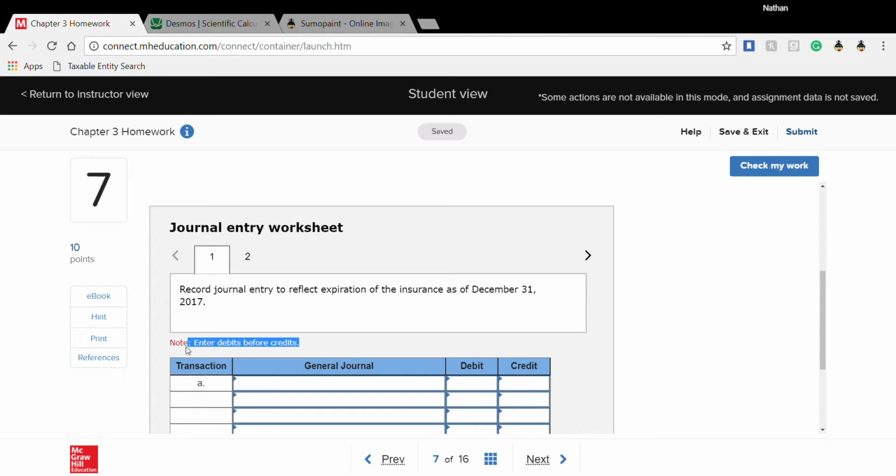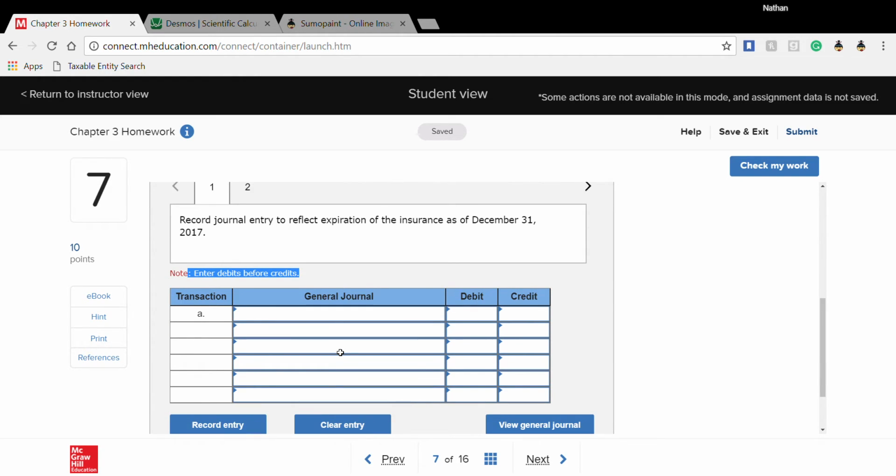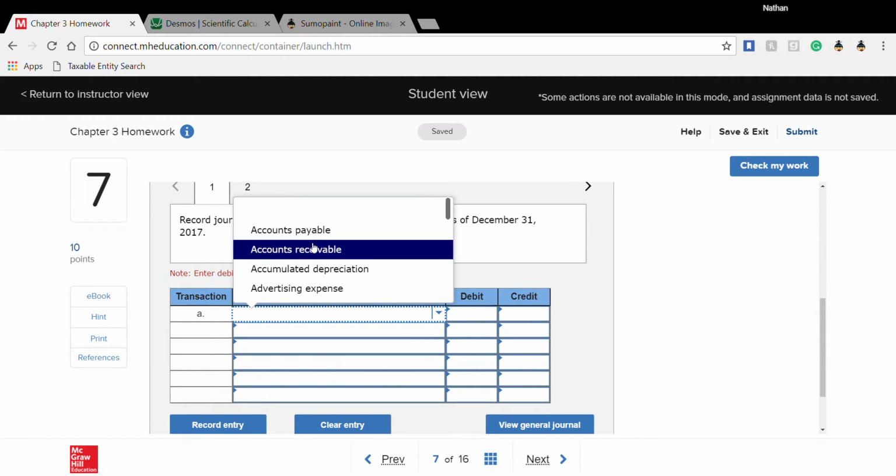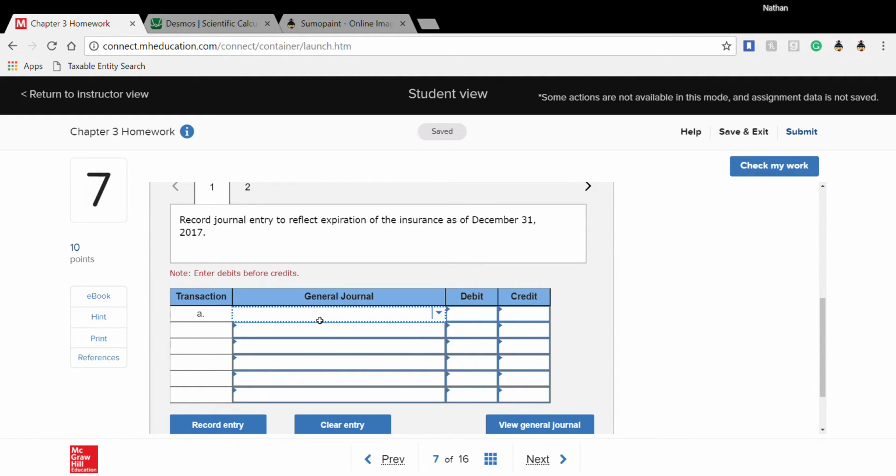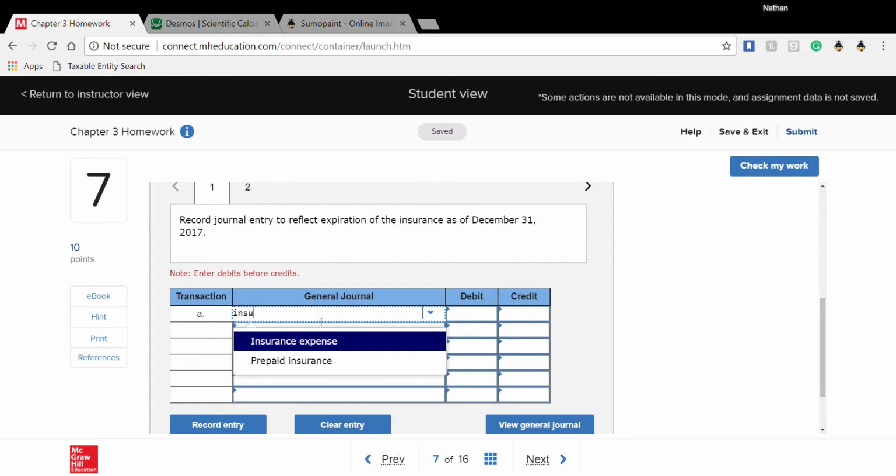always watch out. Again, enter your debits before your credits. We already know prepaid insurance is normally debited, but we're doing the adjusting entry. We're now recording what we used as an expense. So we need to go to our insurance. And again, typing out sometimes gets a little bit easier.